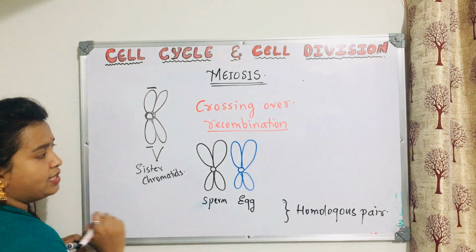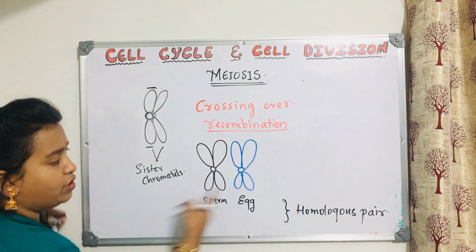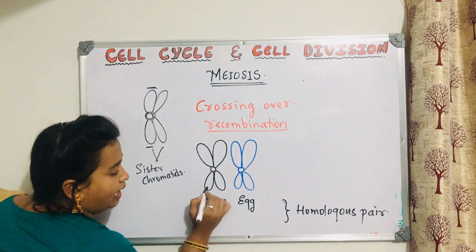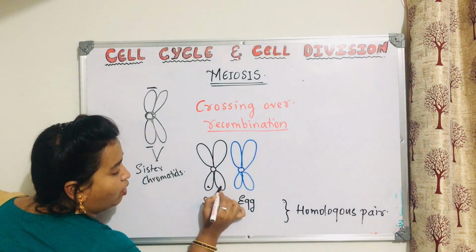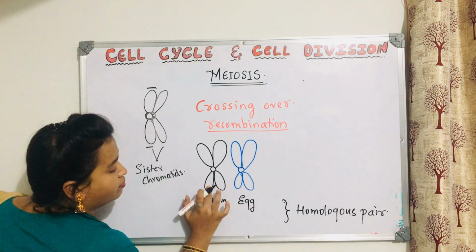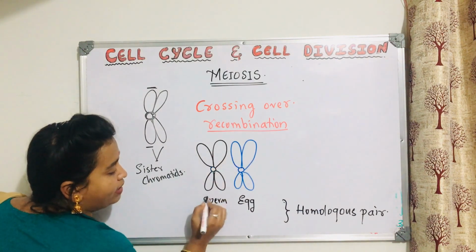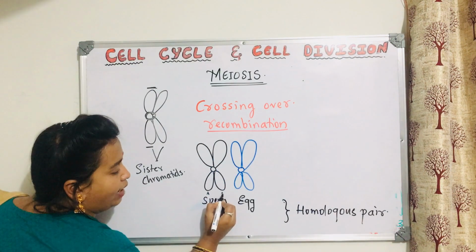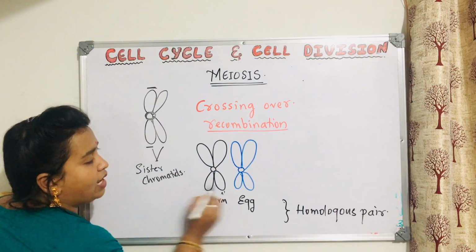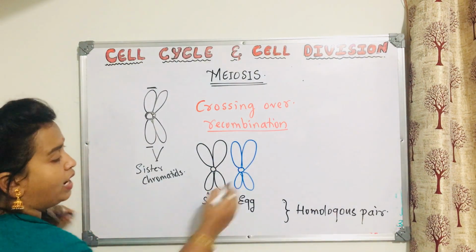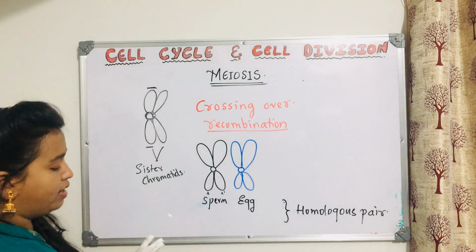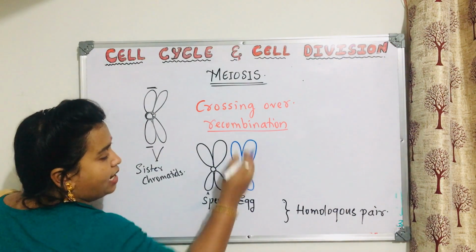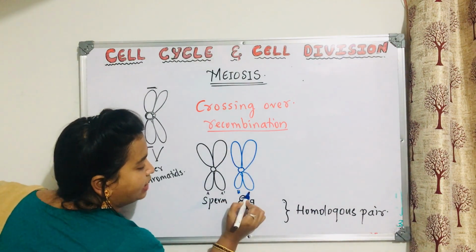If you consider this, tell me the sister chromatids of these two. Let us consider this complete chromatid is A and this complete chromatid is A dash. These both are sister chromatids. And here, this and this are sister chromatids, like B and B dash.